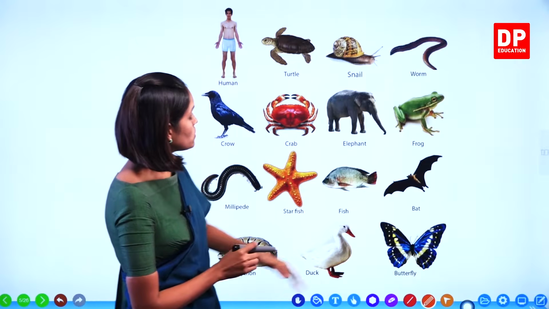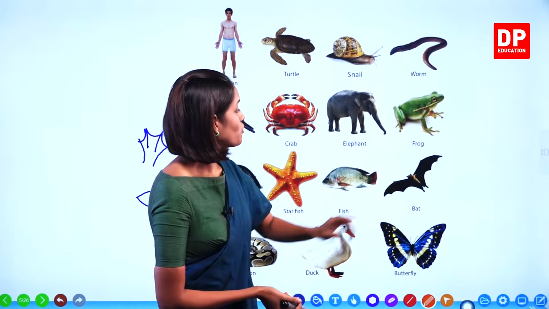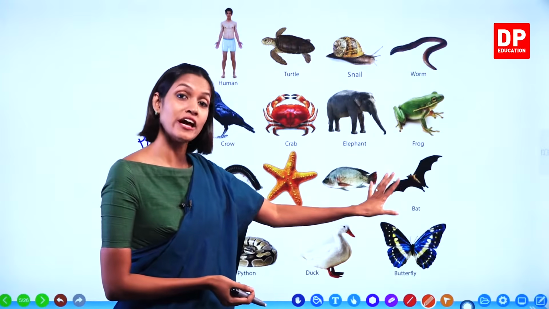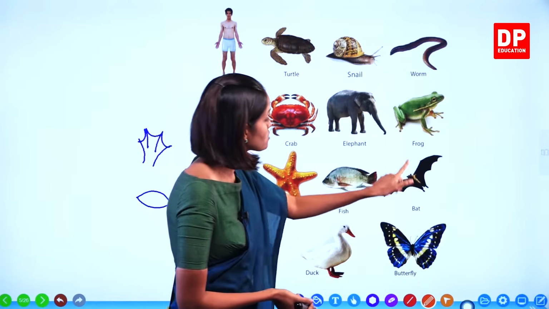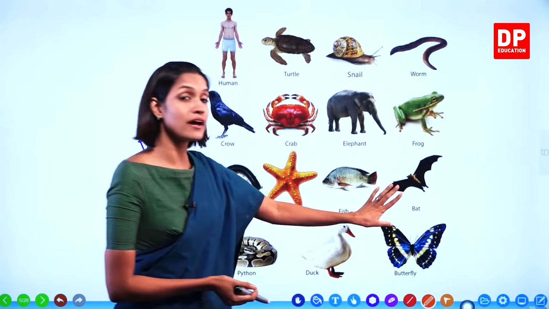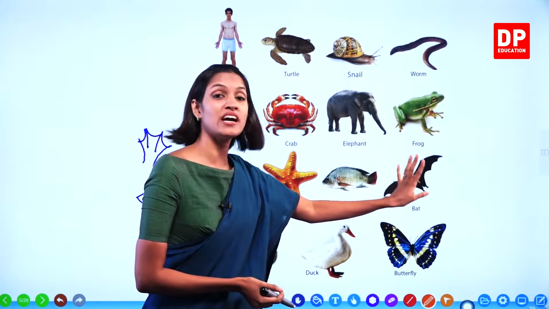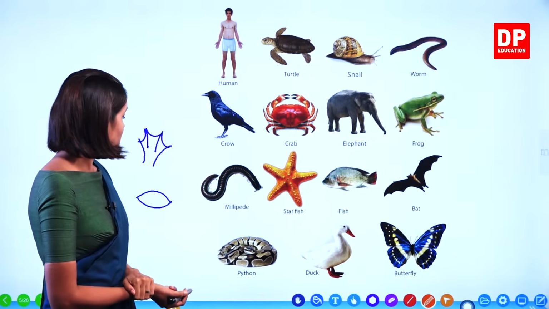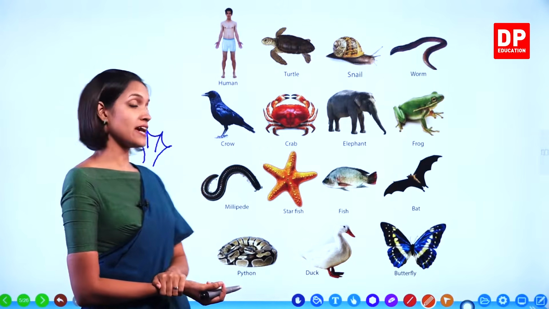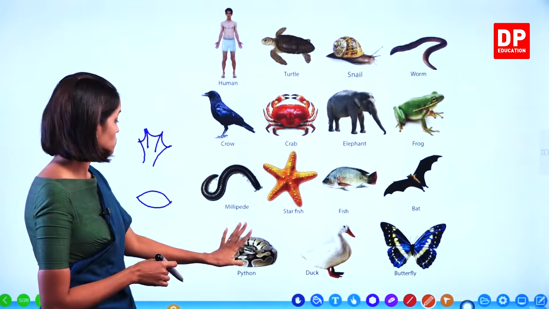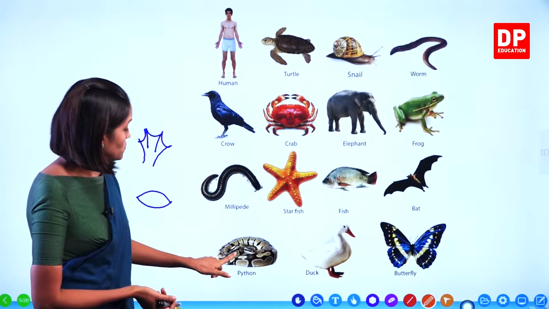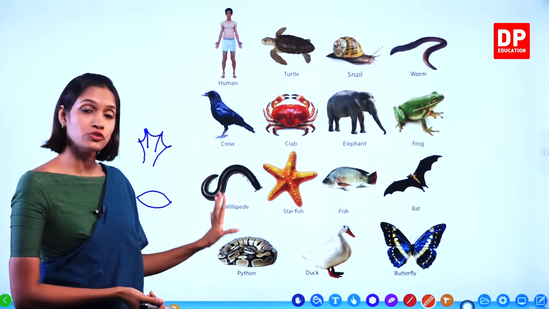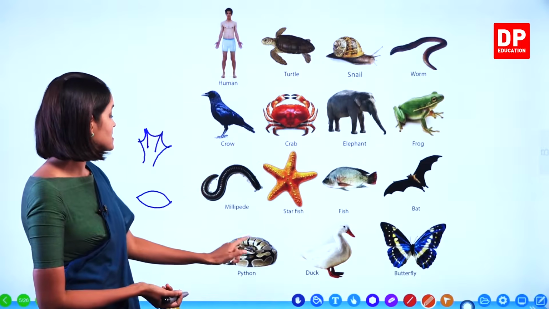Look at the bat. Now, bat is a flying mammal, okay? Bat has wings to fly, and at the same time, bat has fur or hair on its body. And python. Python also doesn't have arms or legs to walk. It uses its scales and its own body to crawl, and it has scales.